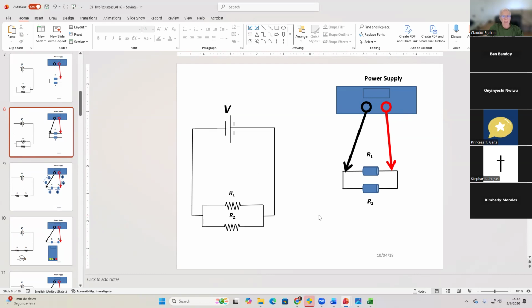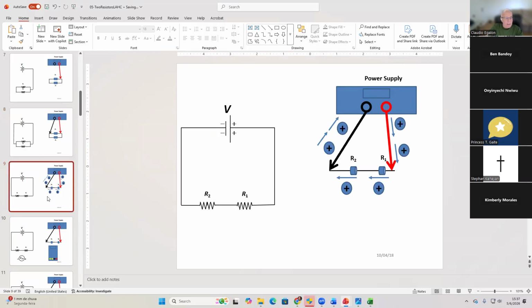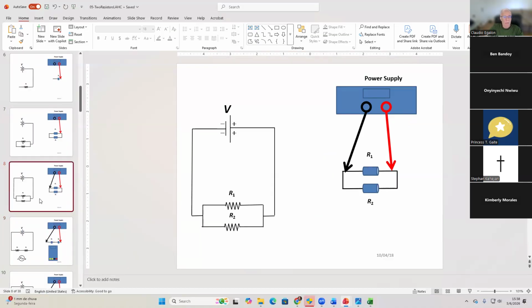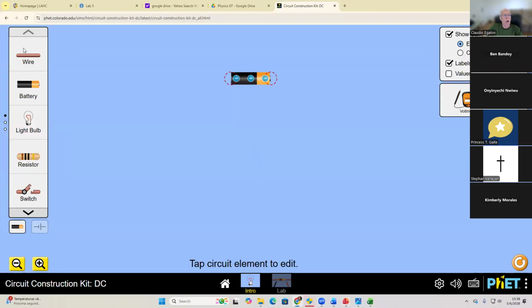Okay, becomes something like that. Now we don't need that, but I'm going to need the following. Let's take it out. And I'm going to put the circuit together in the simulation.